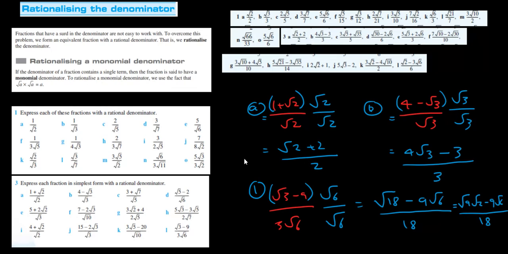So this just gives 3. So I'm now left with 3 root 2 minus 9 root 6 all over 18. I can divide throughout by 3 to get root 2 minus 3 root 6 all over 6.